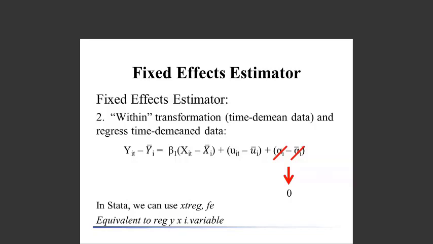We'll note here that if we were to try and run fixed effects in Stata, we could add individual dummies to our regression, like the least squares dummy variable estimator, or we could use xtreg, fe, which uses the time demeaned approach, and they should both give you the same parameter estimates.